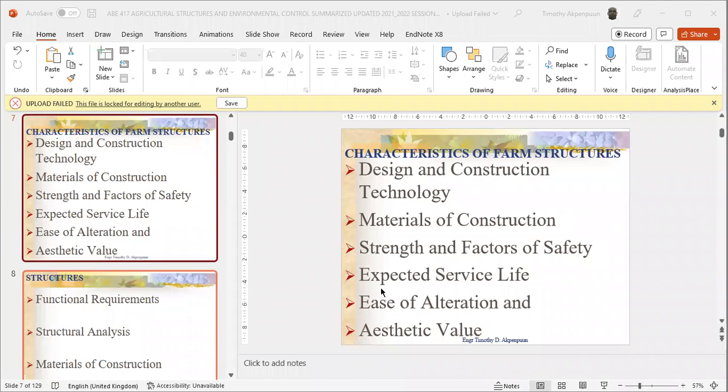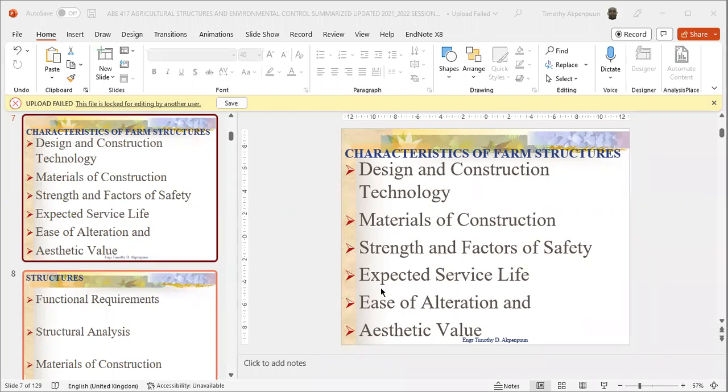Collapse. Deformation. Yes, deformation. And then after deformation, what happens? Total collapse. And then ease of, then expected service life.